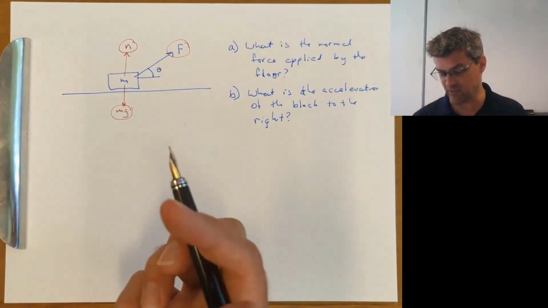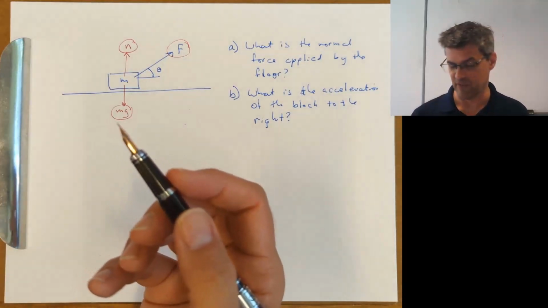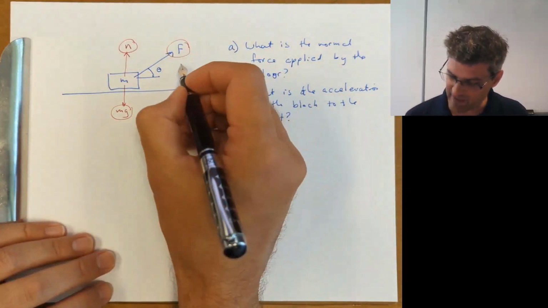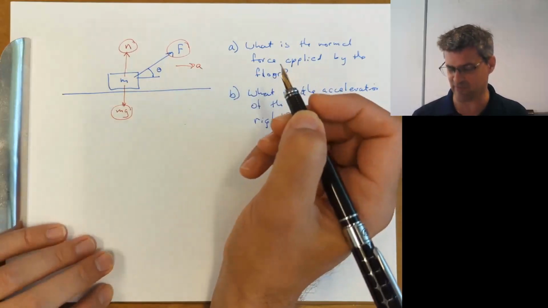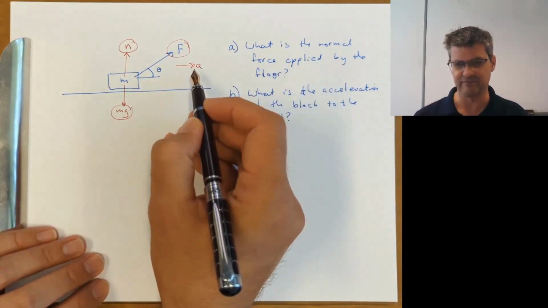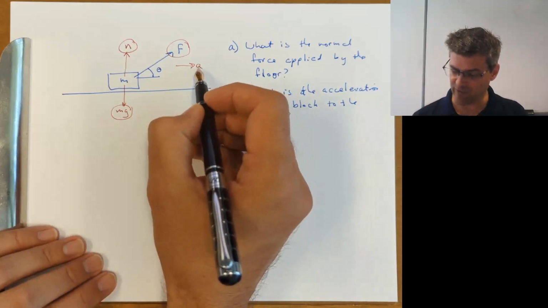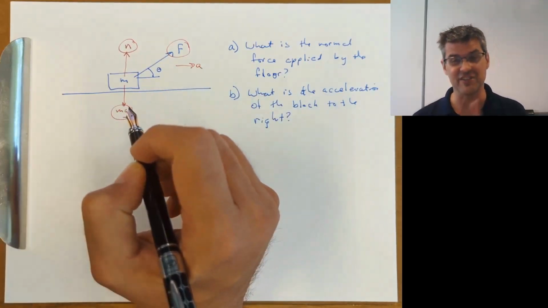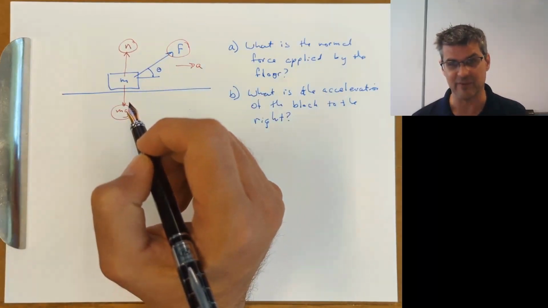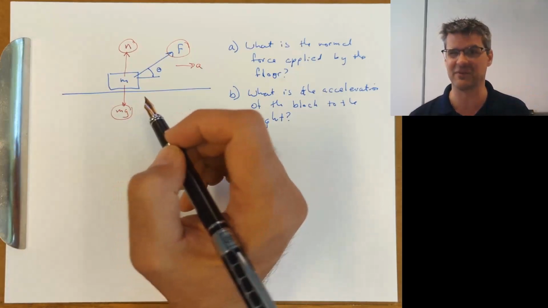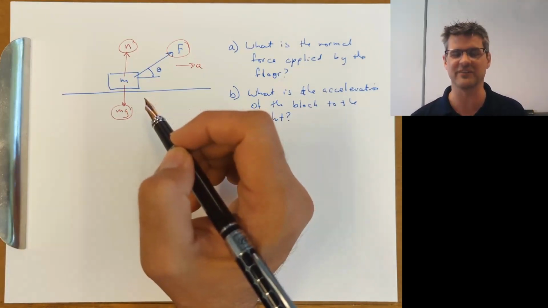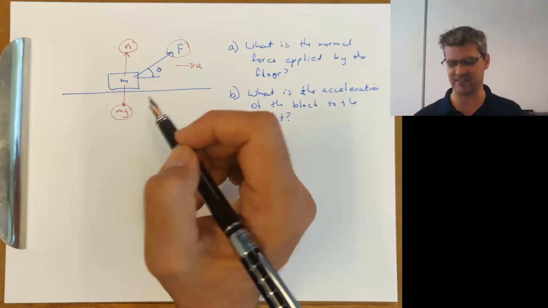What is a convenient choice of coordinate system? Well, I see that the acceleration we're asked for is going to be to the right. Why don't I come up with some configuration where I don't find components of acceleration? Just like I did with the ramp, just like I did with projectile motion problems. I didn't look at components of acceleration, I only looked at acceleration by itself.